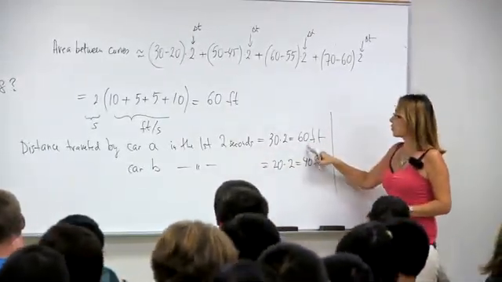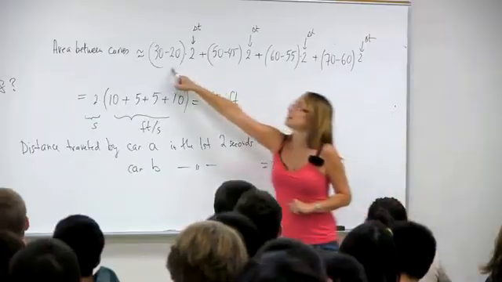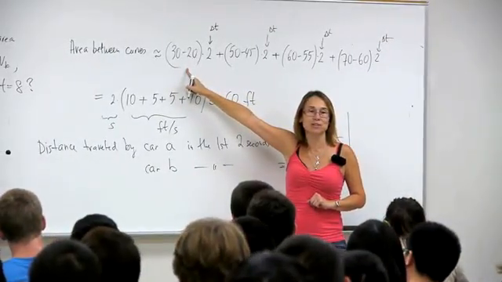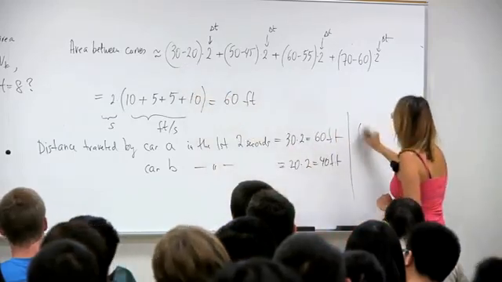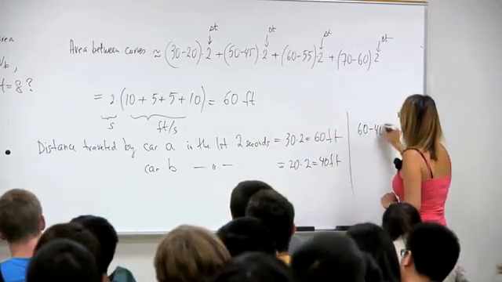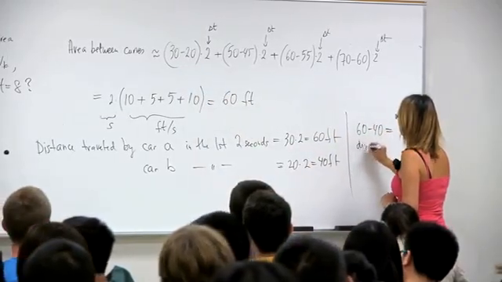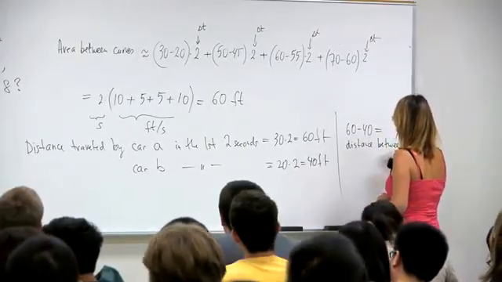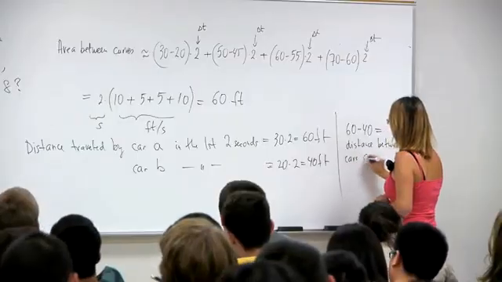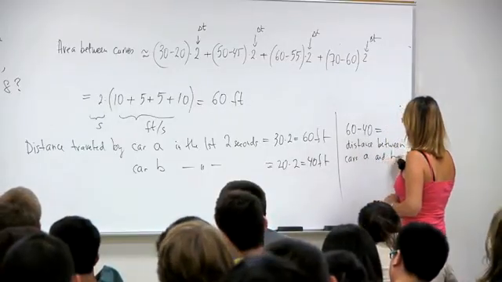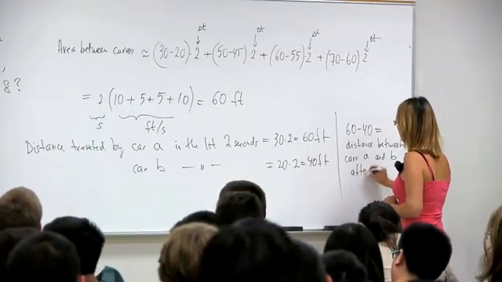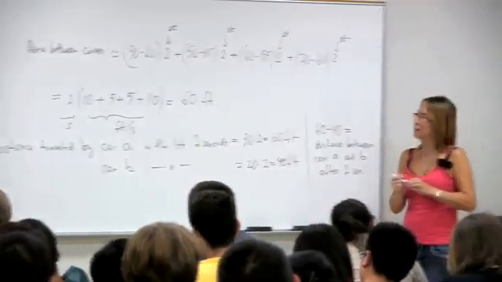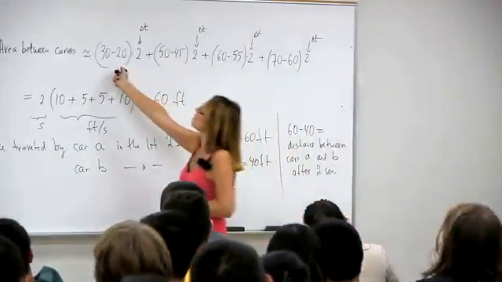So when I subtract one from the other, like here, I actually find the distance between the two cars after 2 seconds, right? 60 minus 40 is the distance between cars A and B after 2 seconds. Okay? So this is the distance between them after 2 seconds.